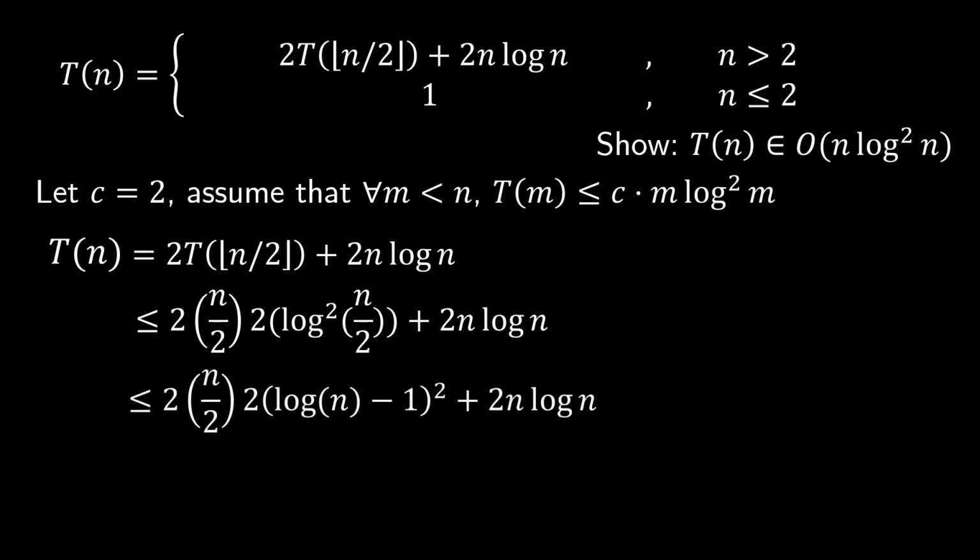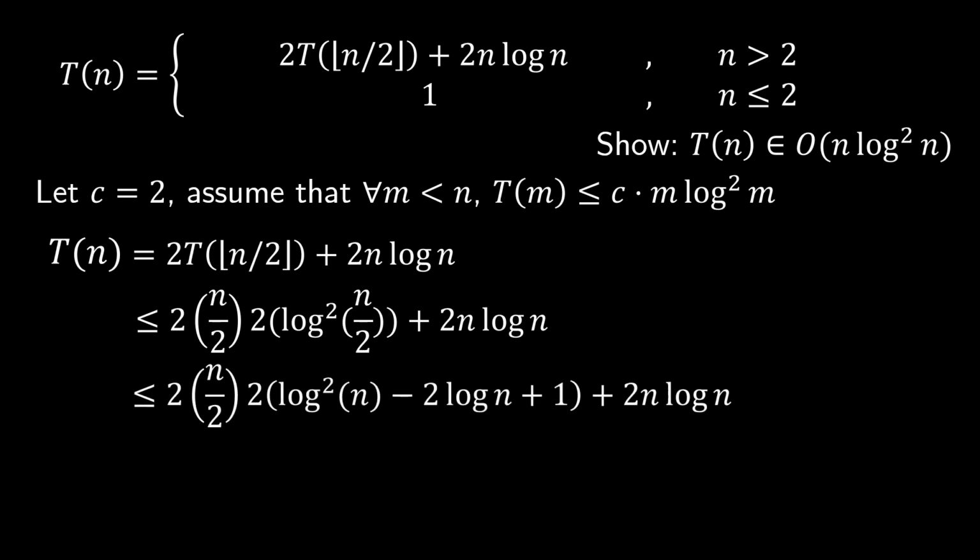Well, then I'm just going to rewrite this. So I know that if we divide by 2, that's just minus 1, and it's the whole thing squared, right? So in the middle, I'm just replacing this with log n minus 1, the whole thing squared. And then since we're just squaring this portion, we can write this as log squared n minus 2 log n plus 1.